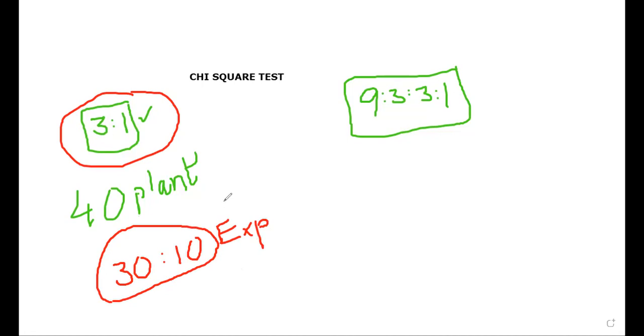Now, this is just an expectation. Sometimes, for example, there is a couple that is heterozygous for one trait, for example cystic fibrosis. They got two kids, and both kids are normal.